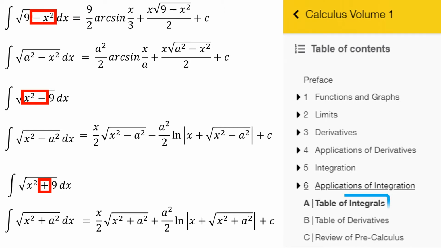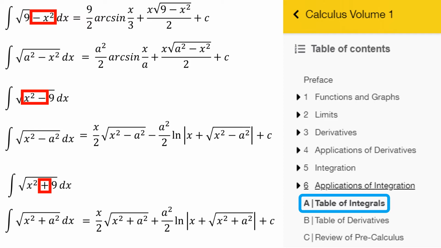Now, if you're thinking there's no way I'm going to memorize these, of course not. In a school, and I don't care if you're talking about a high school, a community college, a university, a technical school, if you take a calculus class, you're going to have a textbook, and inside that textbook, whether it's an actual physical paper textbook or an online textbook, there's a table of integrals, right?